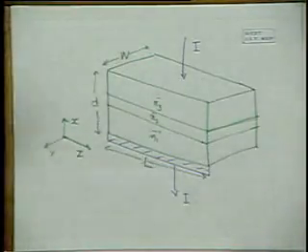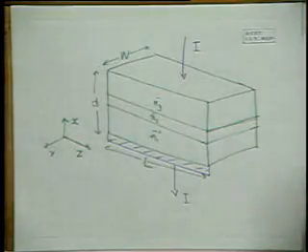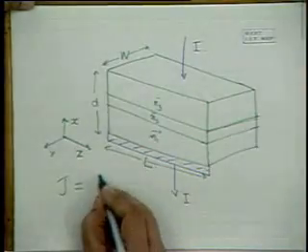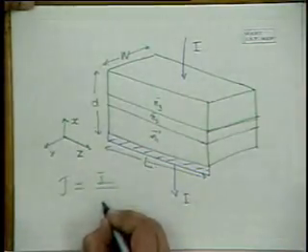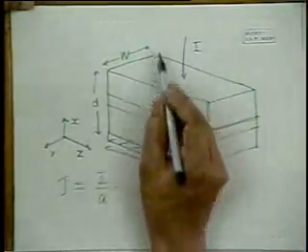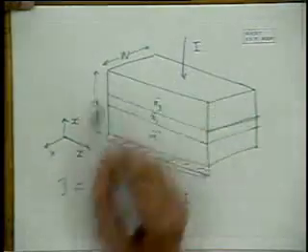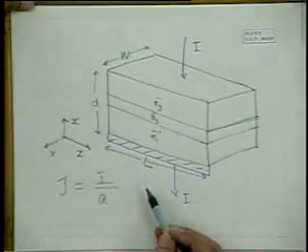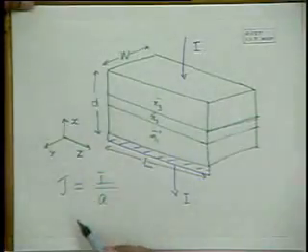Now, in order to have a high current density, we know that the current density J is the current over the area, the active area. And the active area is obviously this W into L. In order to increase the current density, we want to reduce A.